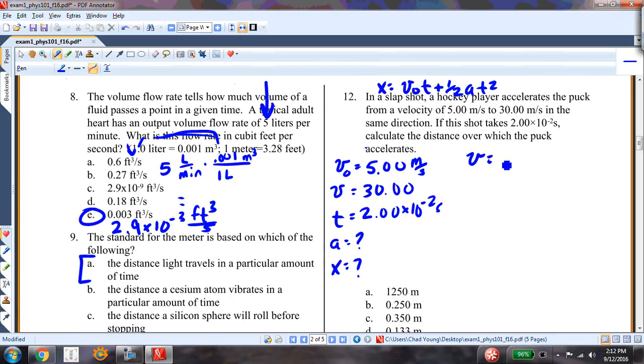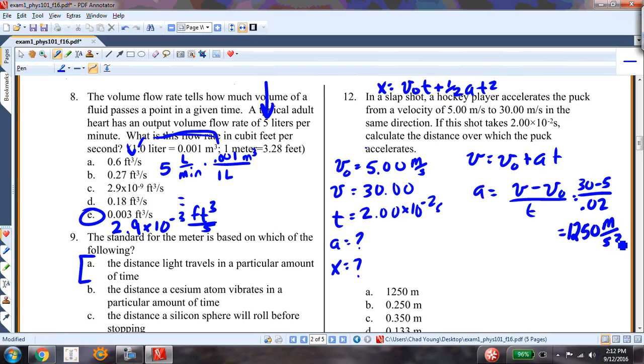So let's look at this other equation, V equals V naught plus A times T. I can solve this for A. And I get V minus V naught, that's going to be 30 minus 5 divided by T, which is 0.02. That's 25 divided by 0.02. I get 1250 meters per second squared.